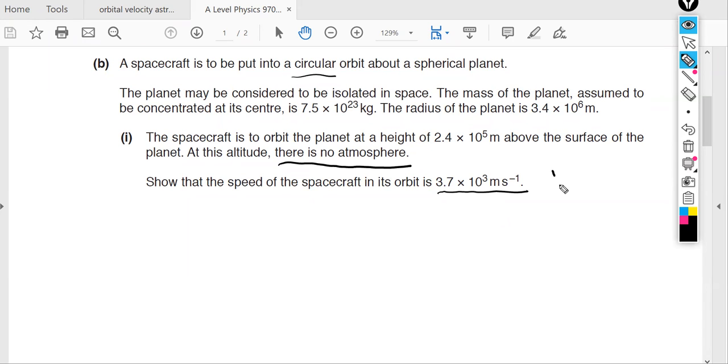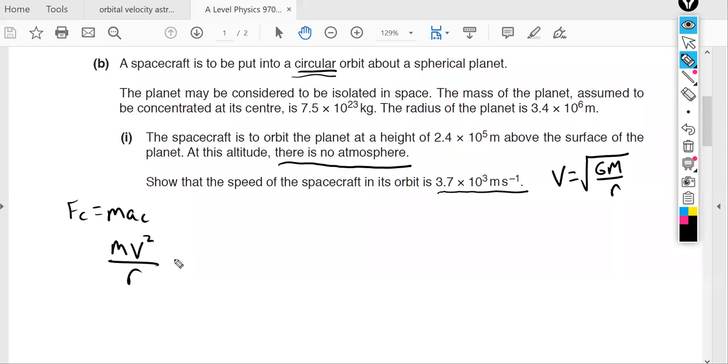Some of you might have it memorized that orbital velocity is the square root of GM over r. But where does that come from? It comes from ideas about circular motion. So the centripetal force is equal to mass times centripetal acceleration. And centripetal acceleration is velocity squared over r.